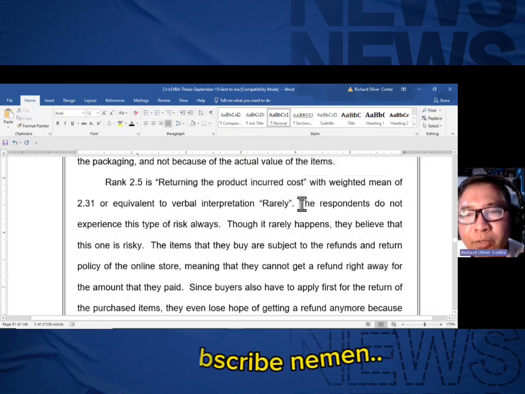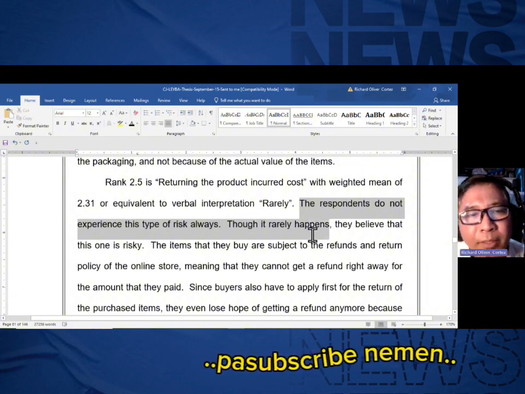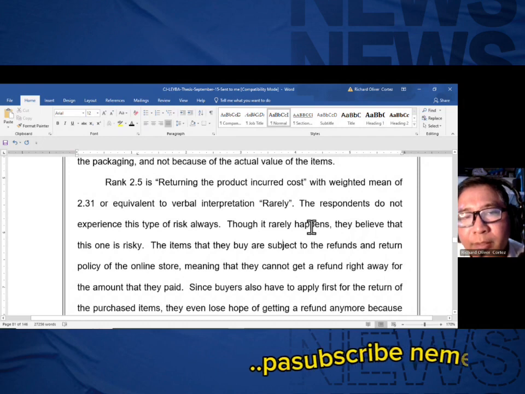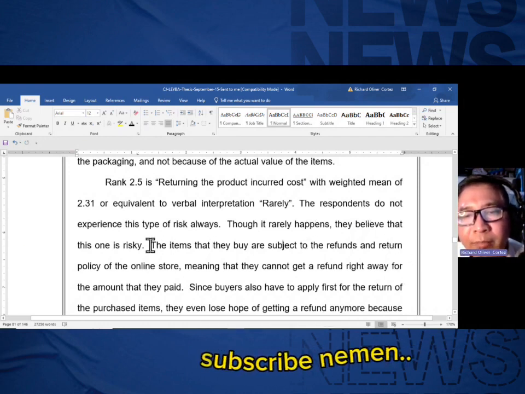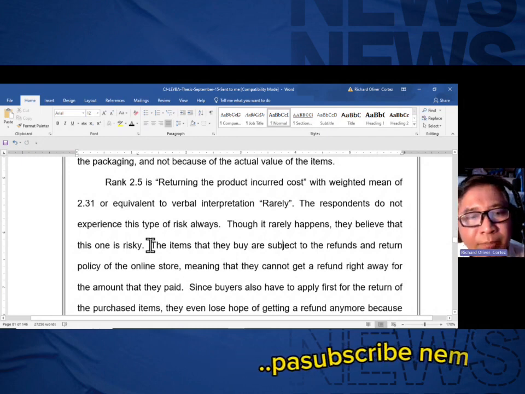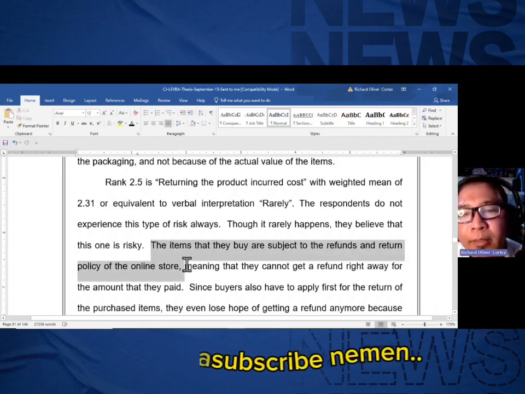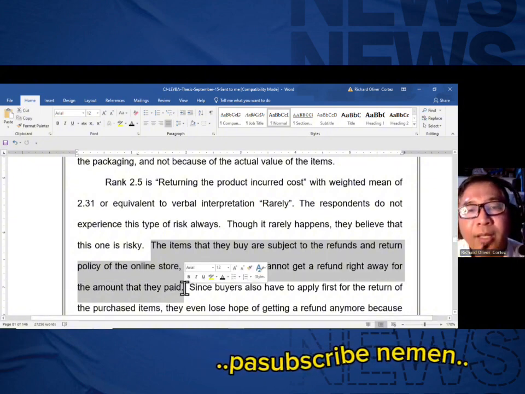Ito yung iyong reason, your rationale. The respondents do not experience this type of risk always. Okay, so the items they buy are subject to the refunds and return policy of the online store. Meaning that they can't get a refund right away.